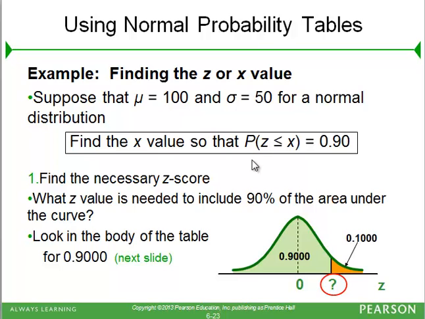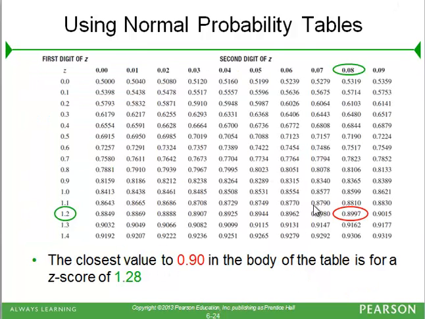So what we need to do now is look in the body of the table for 0.9. Here is the table. So let's look in this table, in the middle part, right? The body of the table showing the probabilities, means showing the size of the areas. So let's find the 0.9.